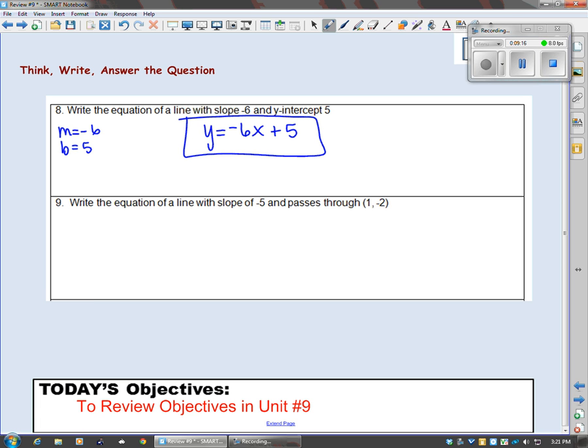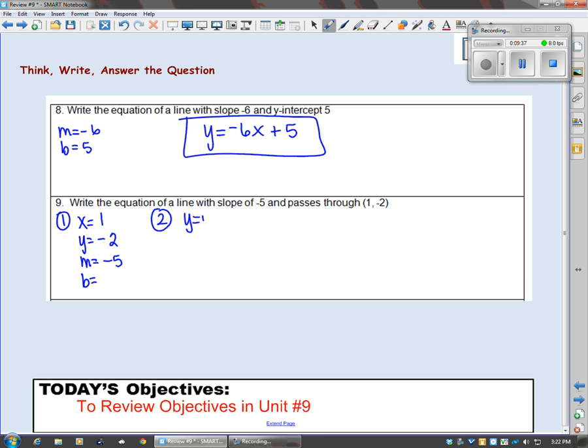Write the equation of a line with slope of -5 passing through the point 1, -2. Okay, so this time they didn't give you the y-intercept right out of the gate. So we do have to do x equals, y equals, m equals, b equals. Okay, x is 1, y is -2. Slope is -5.